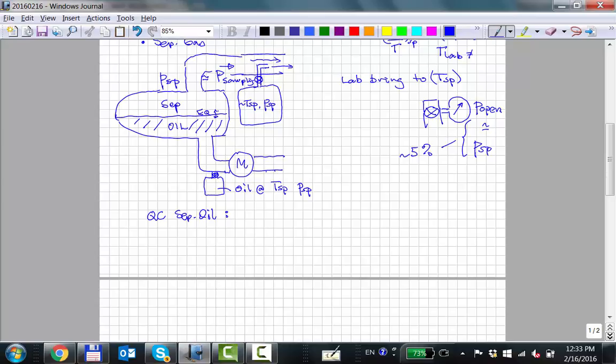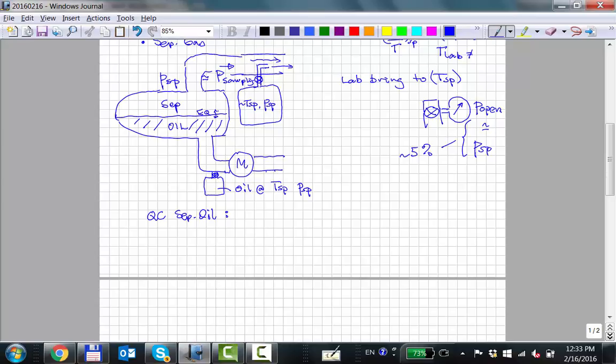But you have to maybe shake it. When that's the case, that water is at its bubble point. That water is saturated. So if you have a saturated oil, the oil, by definition, is at its bubble point.